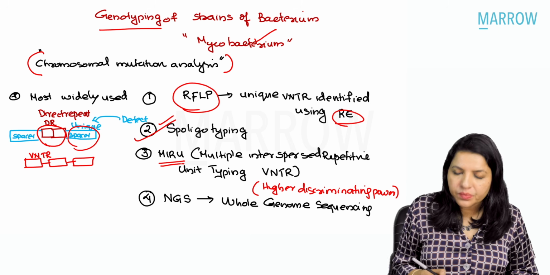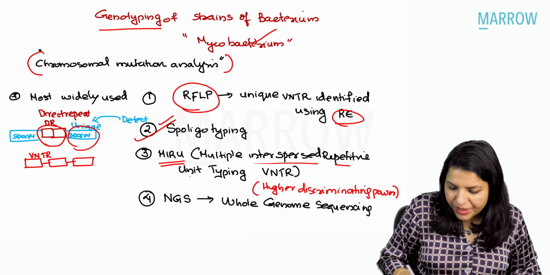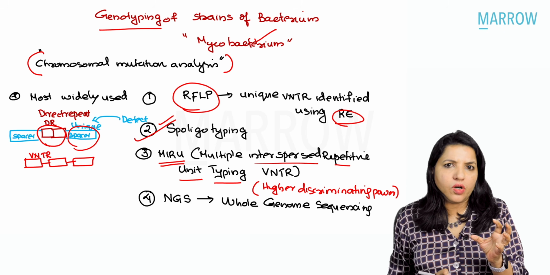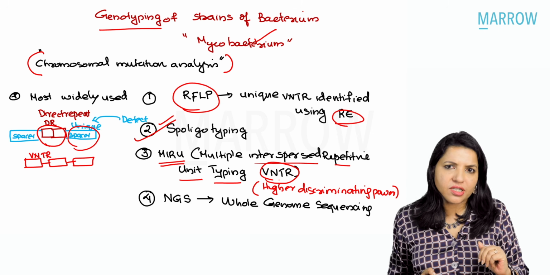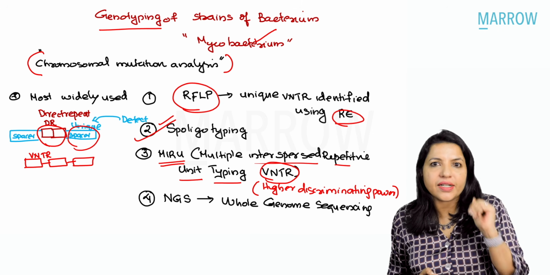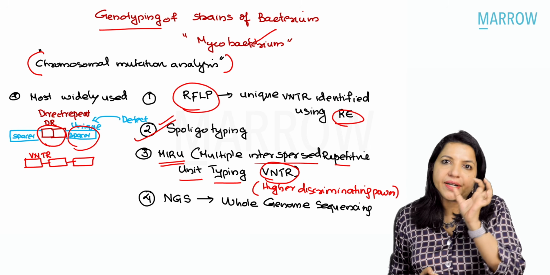That is MIRU. What is that? It is multiple interspersed repetitive unit typing. It is like directly typing the variable number tandem repeats. The same is done in restriction fragment length polymorphism too, but that is an old technique; we are not directly sequencing there. Here we directly analyze the variable number tandem repeats.